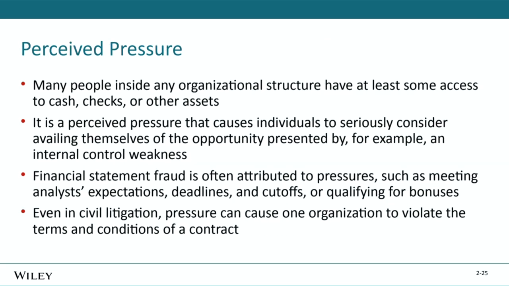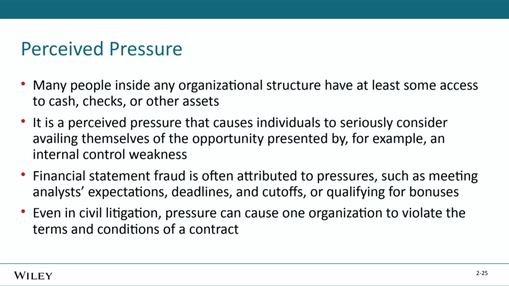Okay, so we got our fraud triangle. One of those tips, perceived pressure. Many people inside really any organization have at least some access to cash, checks, or other assets. It's amazing what you have. It might be computer equipment, it might be company secrets. All sorts of stuff, right?